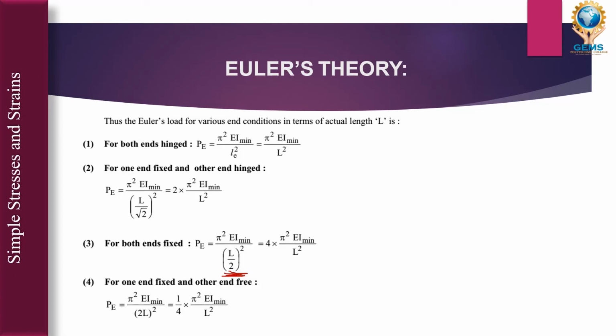Understand? Then finally, if one end is fixed and the other end is free, then we will apply 2L. Why? Effective length LE will become 2L. Understand? So these are the formulas which you have to keep in your mind to solve numerical problems. You will see numerical problems also, and that time also I will explain in a better manner. Okay? No problem.